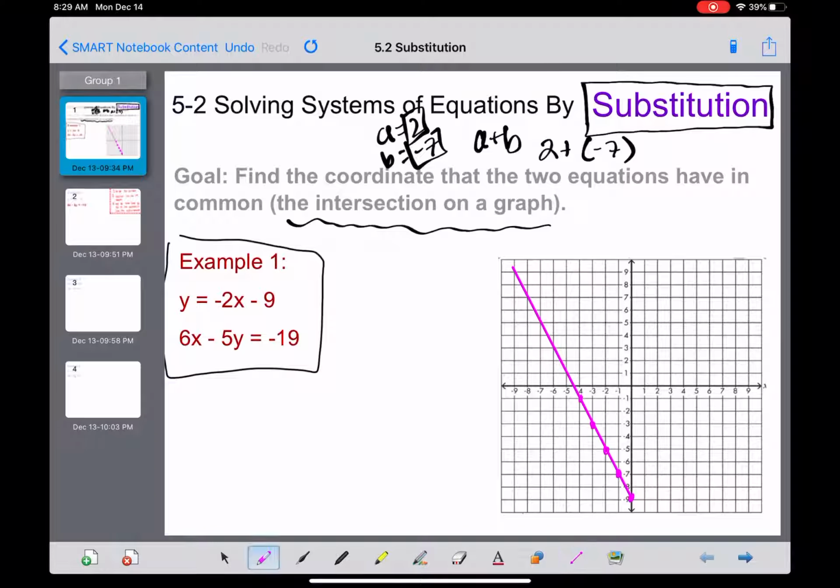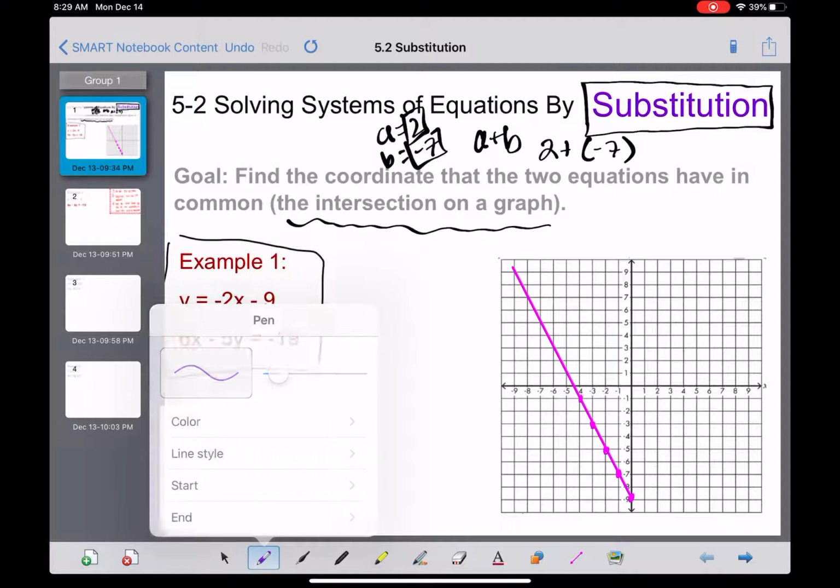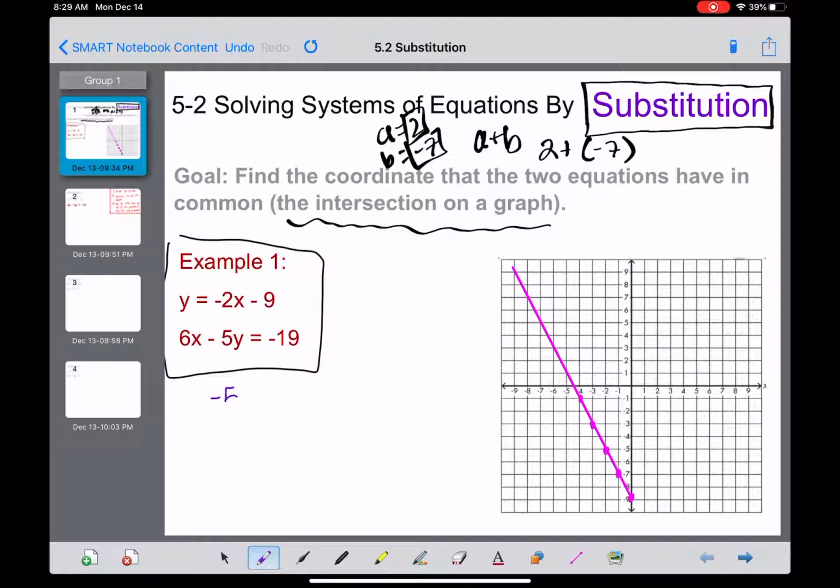When I go to graph the second line, however, I isolate y to get it by itself. And I'm just going to change that 19/5 to a decimal so that it's a little bit easier to graph. So 5 goes into 19 3 times. You have 4 left over. So that's 3 4/5, which is the same as 3.8.